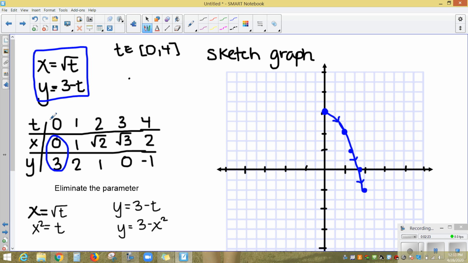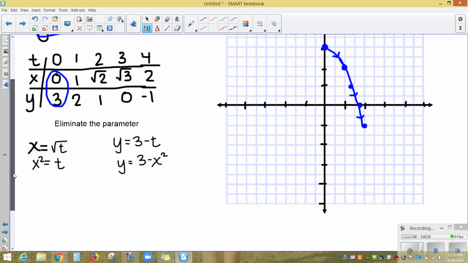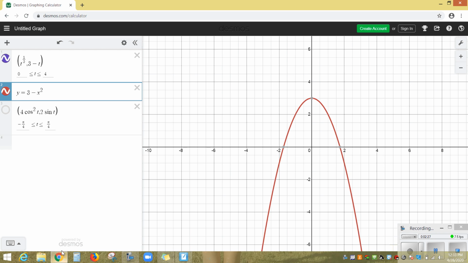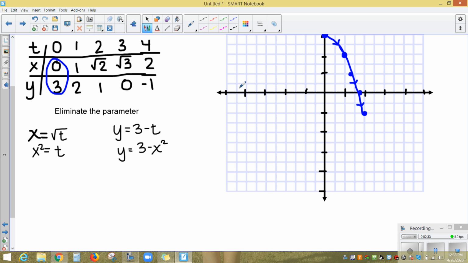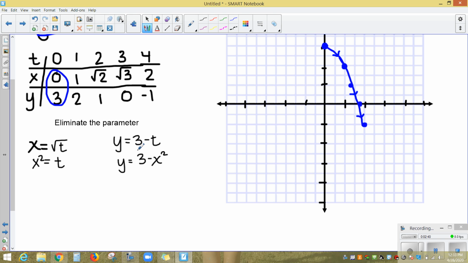And I can say y equals 3 minus x squared, which we've already seen with our eyes is the same shape as that purple graph, our blue one here. Now, the thing we have to be careful of is if I just gave somebody this equation, they would think we have that whole red graph from the Desmos worksheet and not just this little piece, the only little segment that I want.